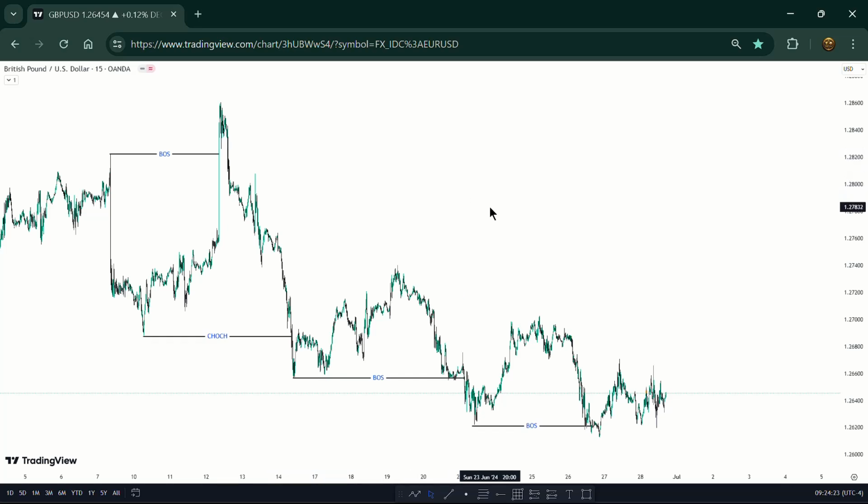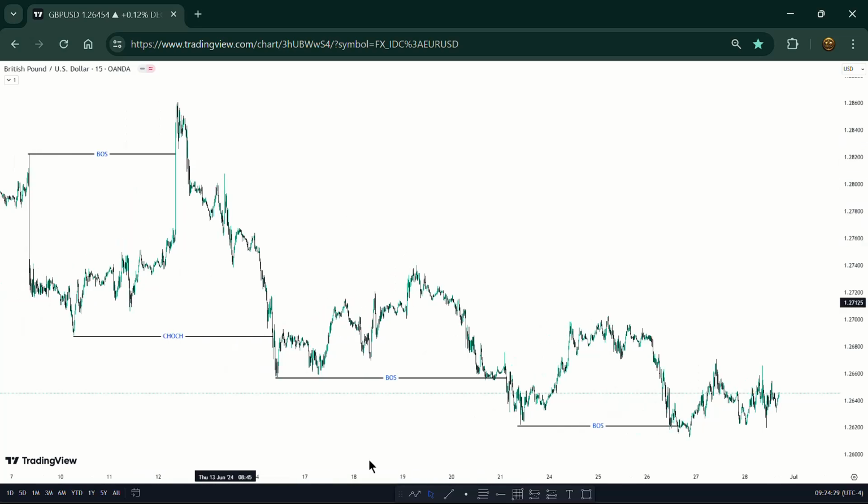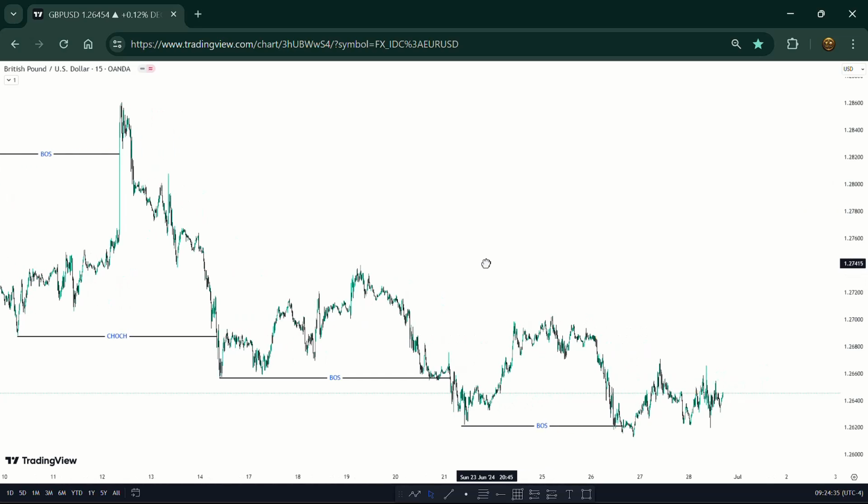So this is the GBP USD currency pair, and it's obviously in a downtrend because it's breaking structure to the downside. Now, if you were trading this last week, maybe you just concentrated on looking for these order blocks up there.